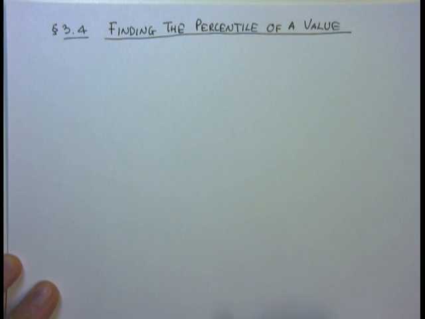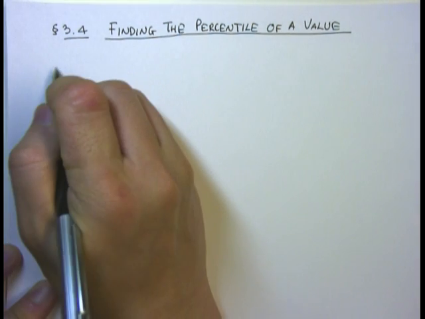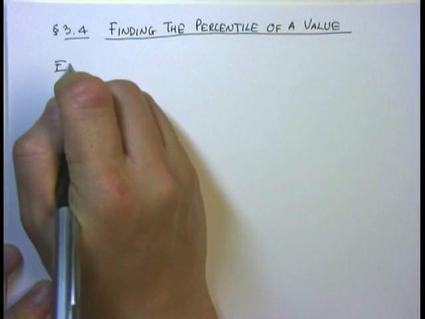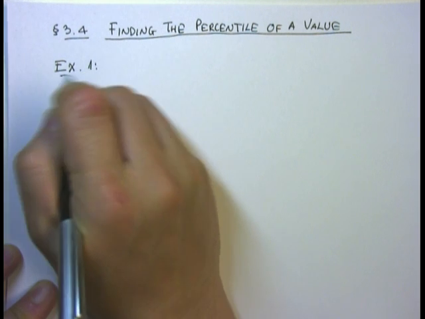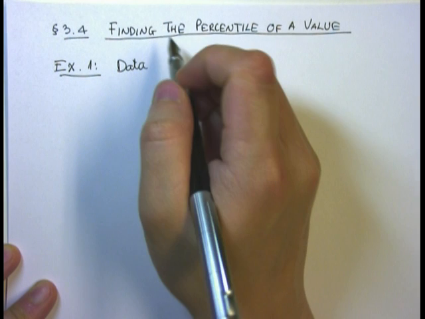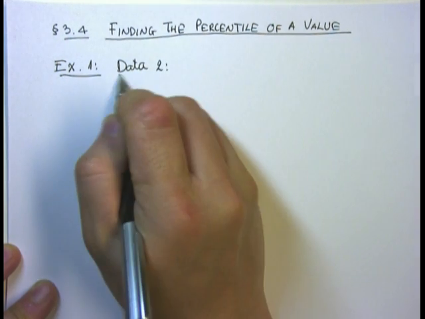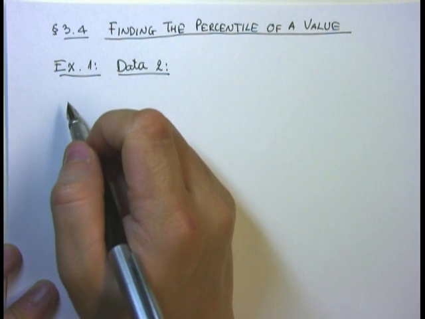Okay, so now in here we learn how to find the percentile of a value. It's actually quite easy and simple. So let's look at example number 1, and we focus on data set 2 this time. Okay, let's have a little bit change of taste here.